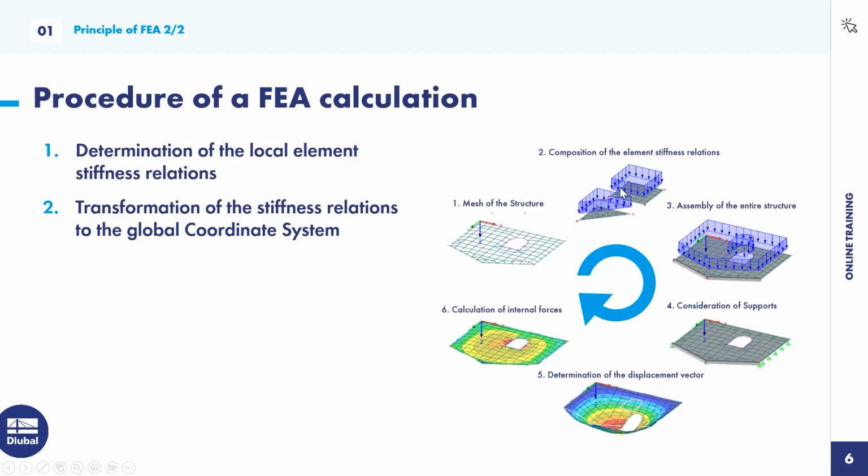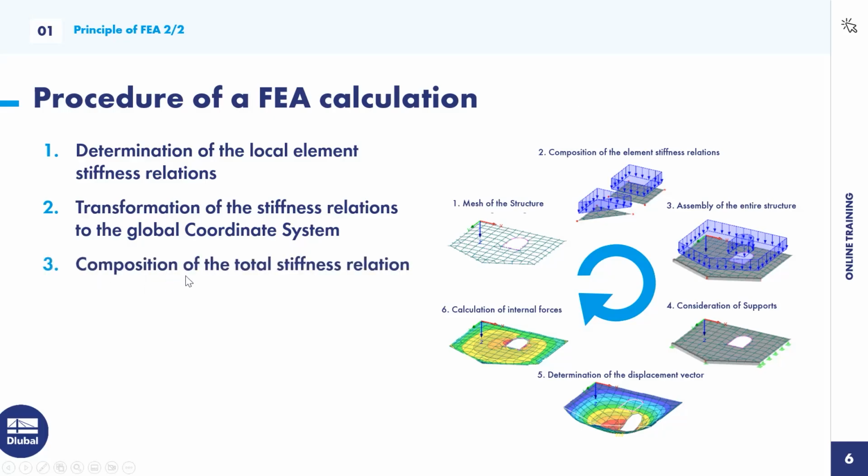And now for the understanding, there's this static equation which is called K times U is F, which means the stiffness matrix times the deformation vector is the force vector. And now, due to assembling them into the global matrix and vector, we have this K as well as this F. But what's not known is the U, so the displacement vector. And that's what we want to get to.